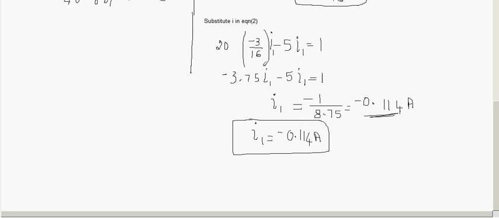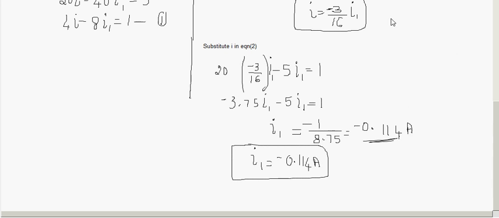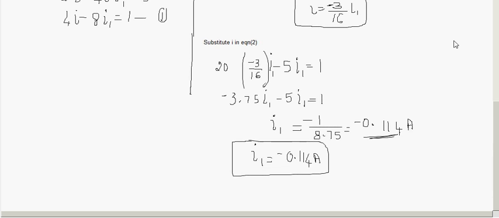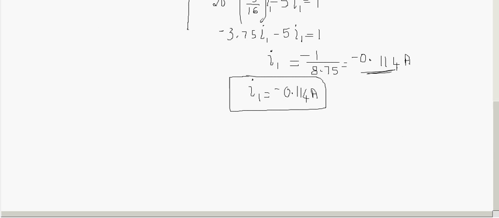From this, find out what is I. I is minus 3 by 16 into I1. Substitute the value of I1, minus 0.114.